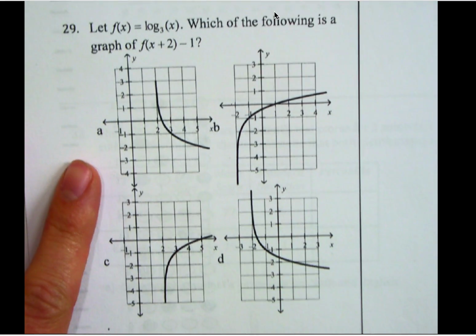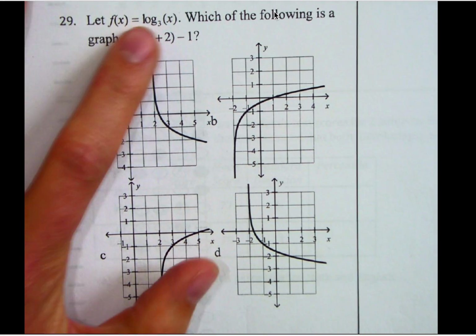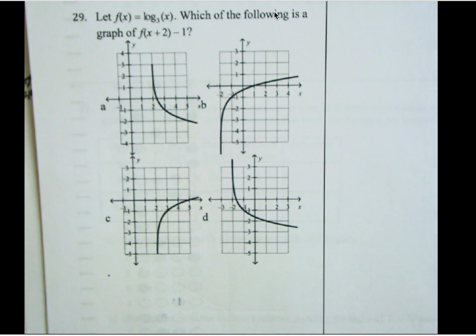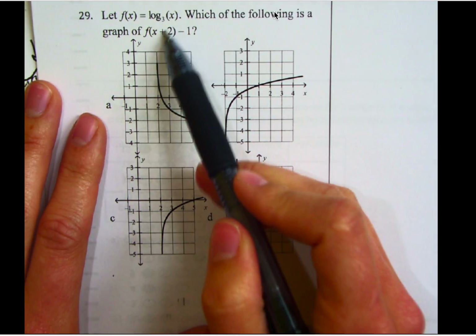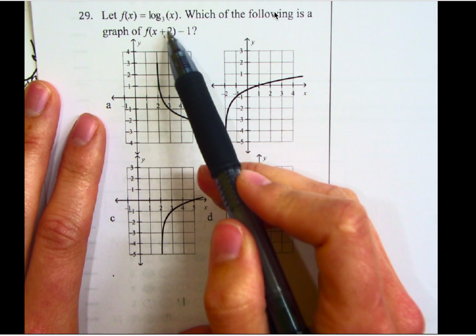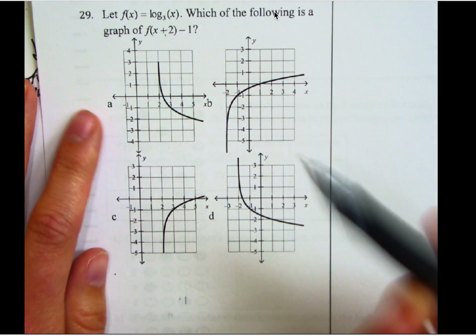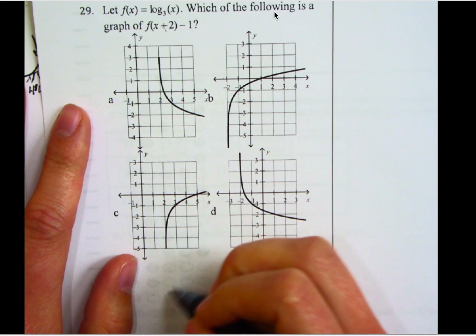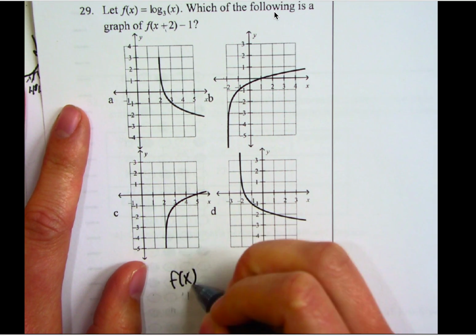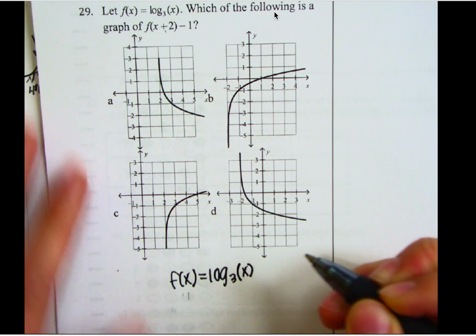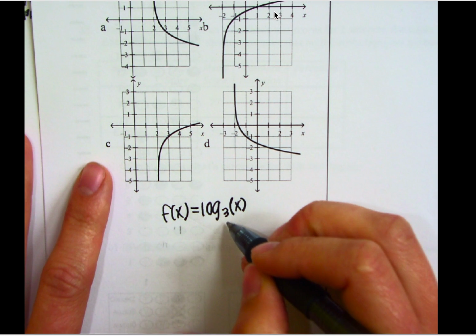Number 29, we are going to graph a log. So log base 3 of x, and we want to figure out which graph shifts this to 2 on our x-axis and then negative 1 on the y. So the first thing I'm going to do is graph f of x is log base 3 of x. So to graph this, we're going to create a table.